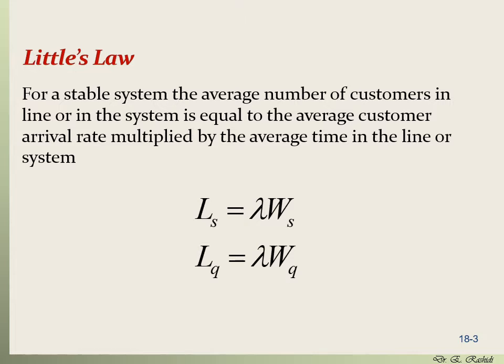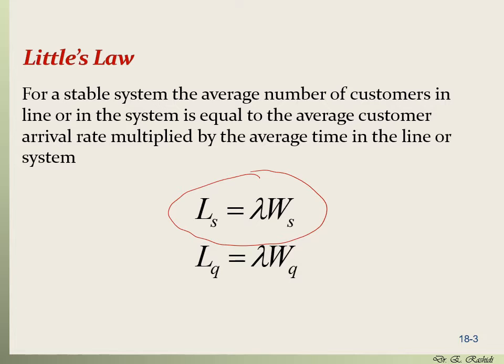So using the notation that we learned before, we can write Little's law as follows. L sub s is equal to lambda multiplied by W sub s. So L sub s is the number of customers in the system, that's equal to lambda, the average arrival rate, multiplied by W sub s, which is the average waiting time in the system.